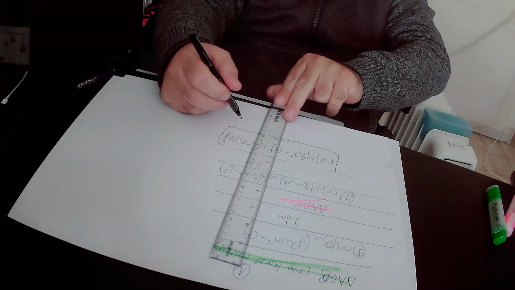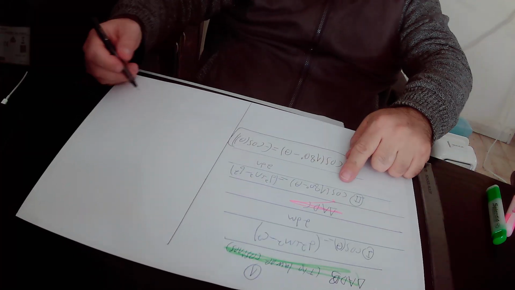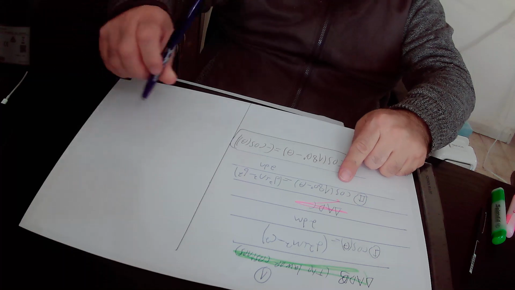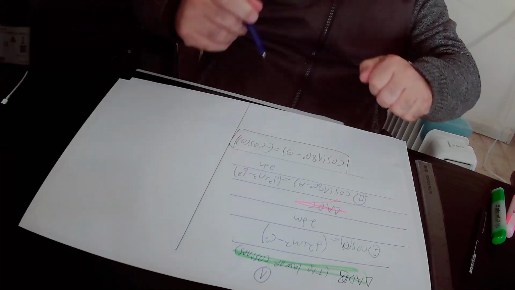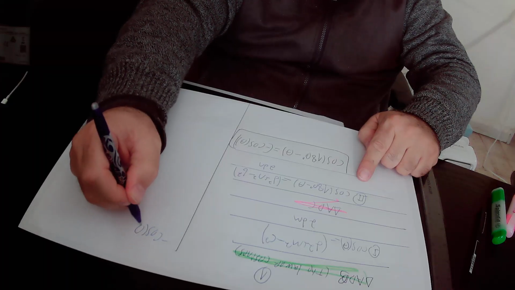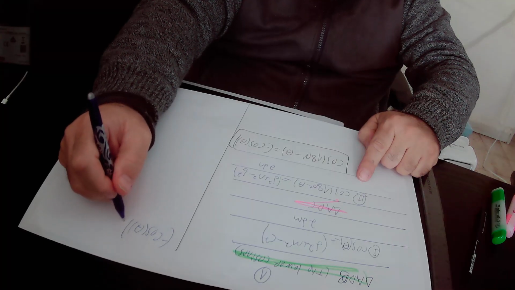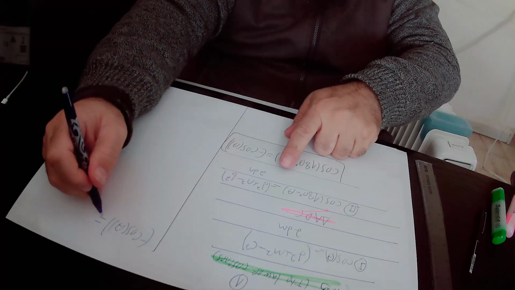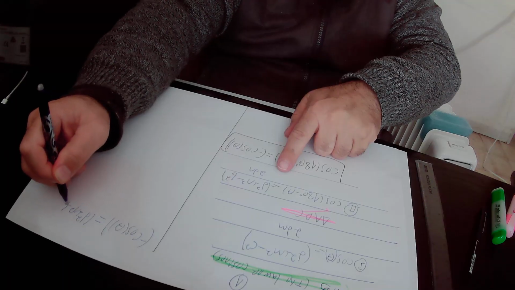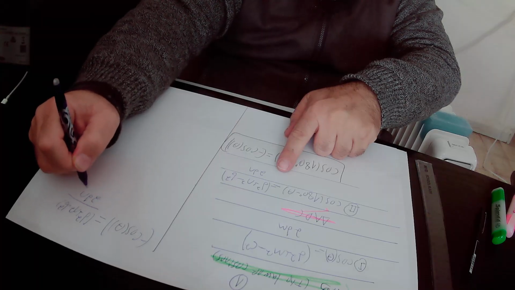Okay. And we get that according to this equation number 2, minus cosine theta equals d squared plus n squared minus b squared over 2 times dn. This is equation number 2.